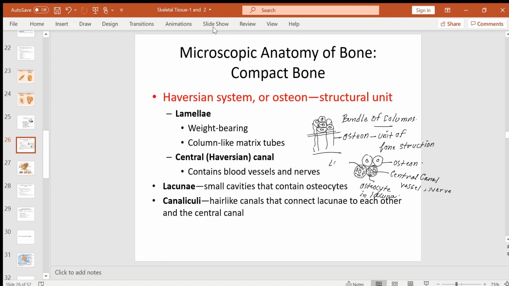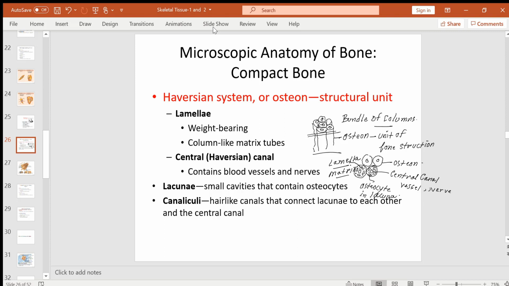So lamella is the hard matrix of the bone, which gives the hardness of the bone. So that is the basic structure of the bone.